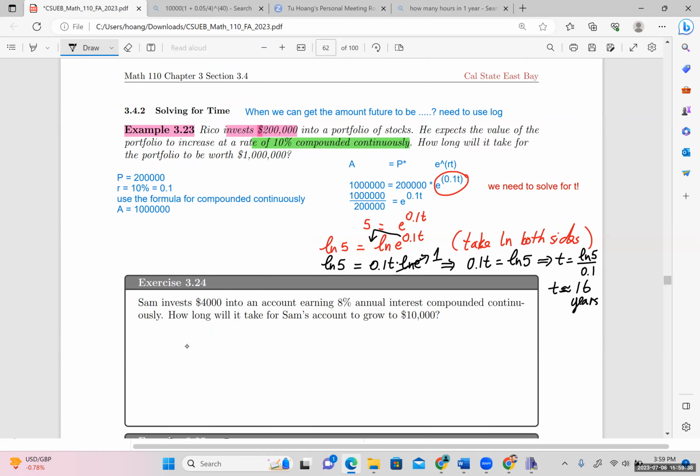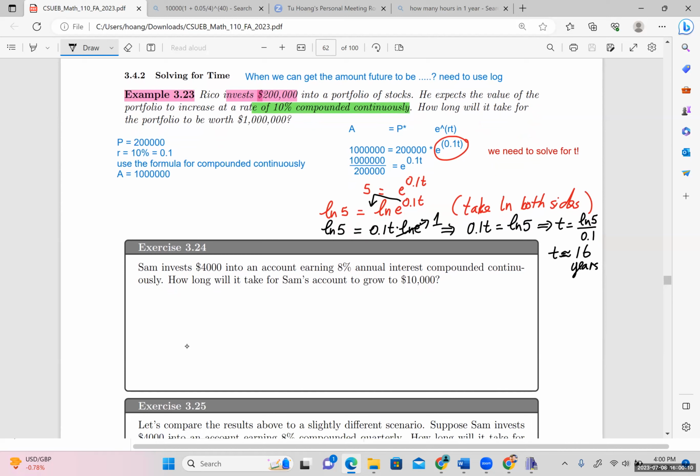So that means we have about 16 years to get 200,000 to be 1 million if I have the portfolio rate as 10% compounded continuously. All right, so that is a case for solving time, right?